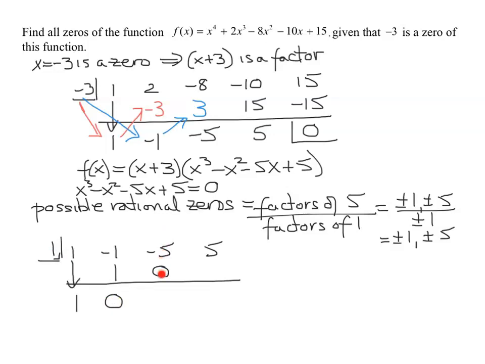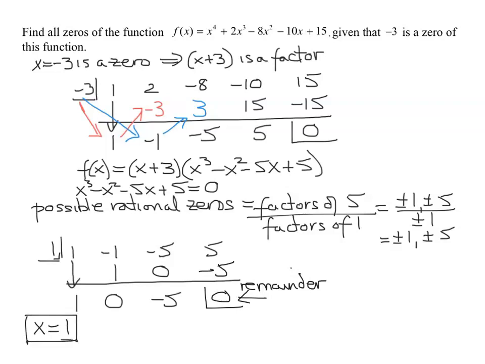Remember, add these two numbers and you get -5. Last one, 1 times -5 is -5. What's -5 plus 5? 0. So did I get a remainder of 0? Yes. So I know that x equals 1 is another 0.